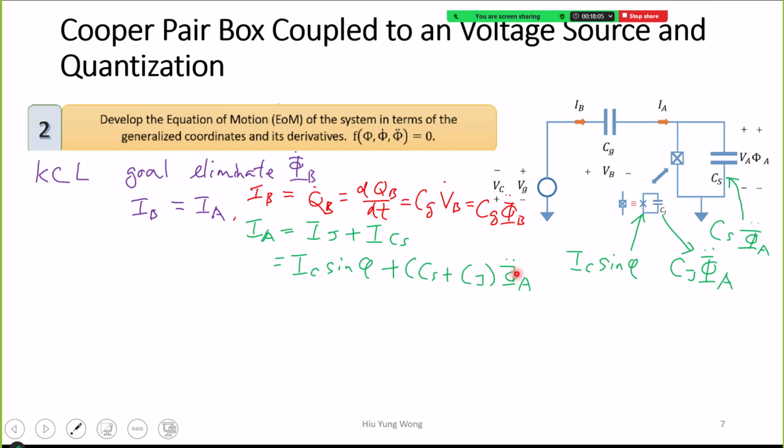Although it looks complicated, what I have been doing is just basic electrical circuit theory, Kirchhoff's current law. I plug in the current for the Josephson junction and the current through the capacitor. Another confusing thing is that we used to use the voltage, but now we write it as the flux, because of the reason I mentioned.